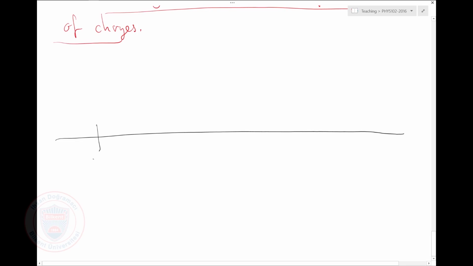Let's say this is my x equals 0 point. I'll put a charge plus q here, at d over 2. And I'll put a charge minus q, another distance d over 2 here. And I'm wondering the following. What is the magnitude of the electric field as a function of x? So let's make this an exercise.